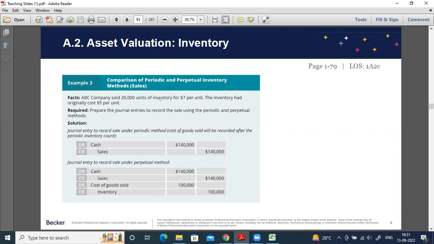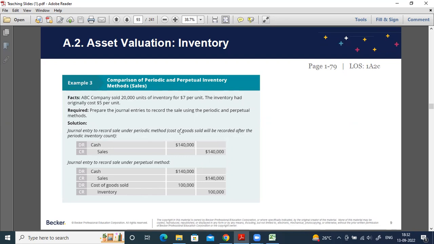Now what is the requirement here? Prepare the journal entries to record the sale using periodical and perpetual methods. So first we'll go with the periodical method, then the journal entry we discuss for the perpetual. Very, very simple. So the journal entry to record sale under the periodical method.